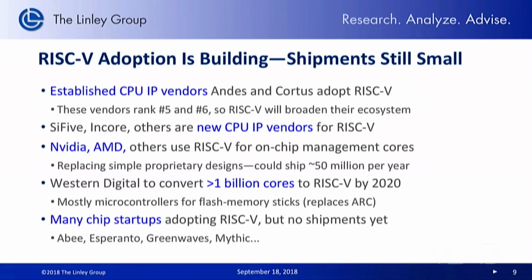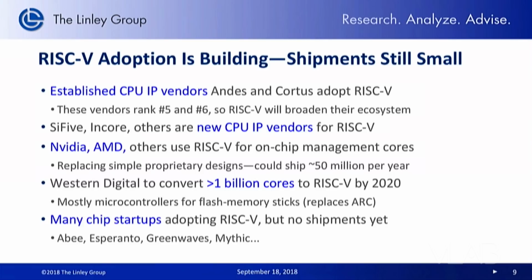We see a lot of companies very interested in RISC-V. Some of them are established CPU IP vendors, like ARM and Krste, that have decided to adopt the RISC-V instruction set. There are new companies like SiFive that have started simply to focus on RISC-V. We see big established companies like AMD and NVIDIA using RISC-V, not for their main processors, but for some of the smaller processors inside their chips.